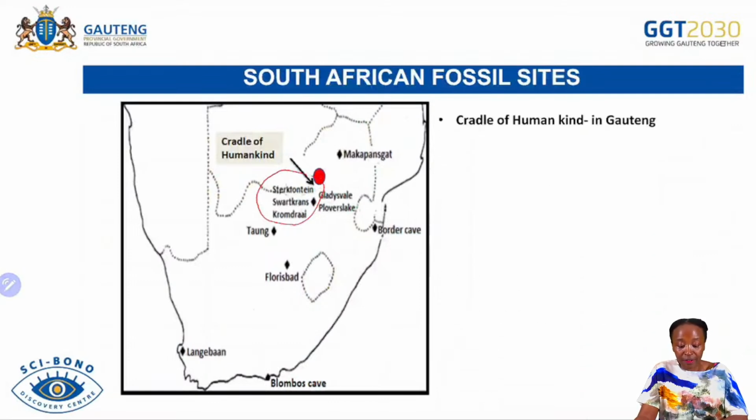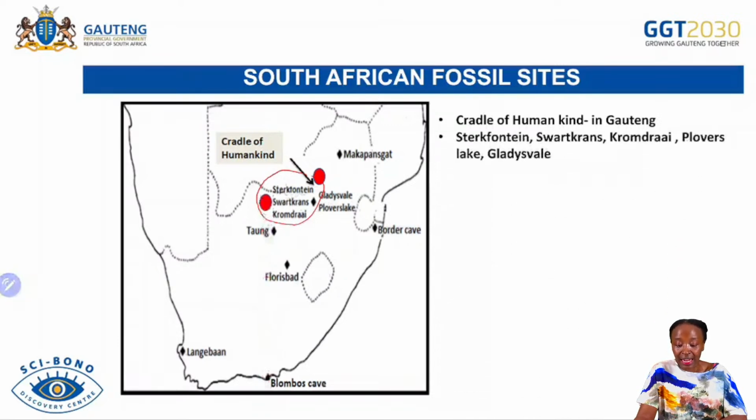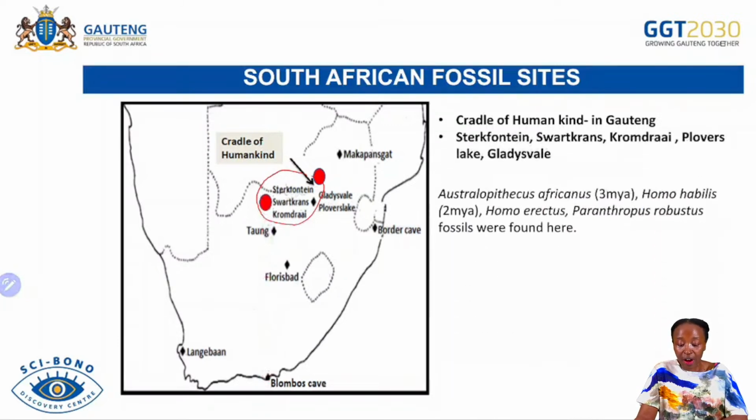And we also have this area, which is the Sterkfontein, the Swartkrans, and the Kromdraai. All those are areas where the different fossils in South Africa were found. Some of the fossils that we are referring to are Australopithecus africanus, Homo habilis, Homo erectus, and Paranthropus robustus. These are all fossils that were found in the areas indicated on the South African map.